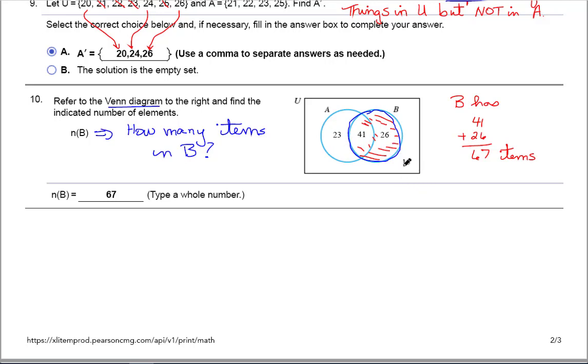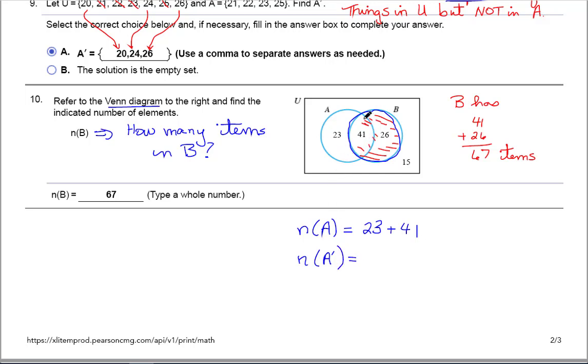So how many things in B? Well, 41 plus 26. If we were looking for the number of things in A, well, the number of things in A is 23 plus 41. What about if I wanted the number of things in A complement? Well, where is that?